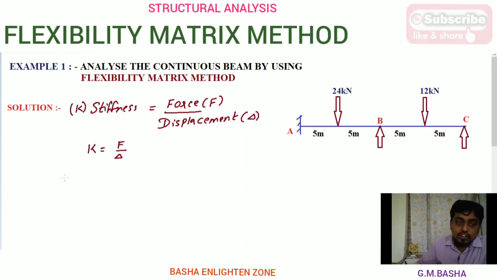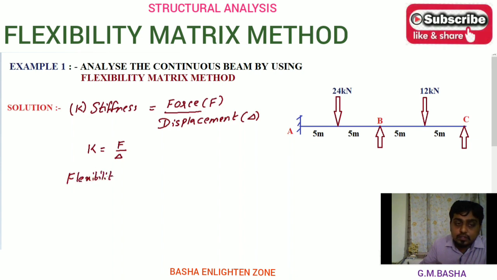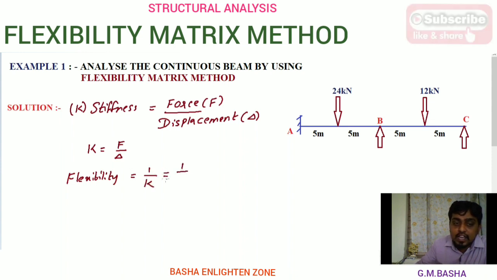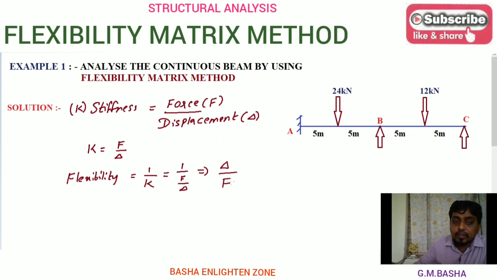And what about flexibility? Flexibility will be equal to the inverse of the stiffness, means 1 by K. Therefore, 1 by F by delta, in place of K, will be equal to delta by F, where delta is the displacement and F is the force.